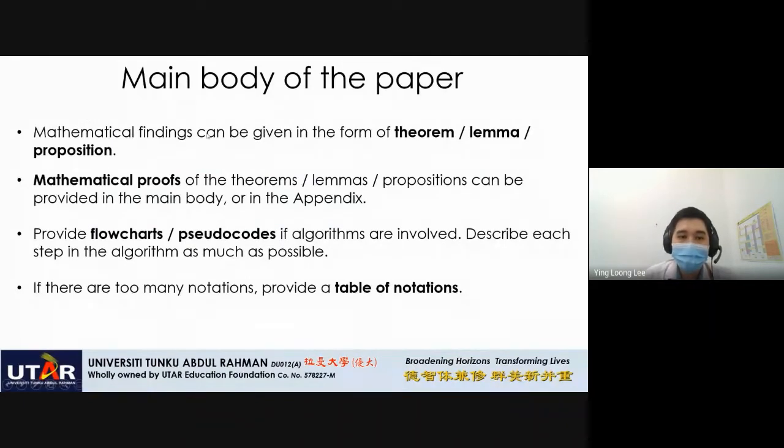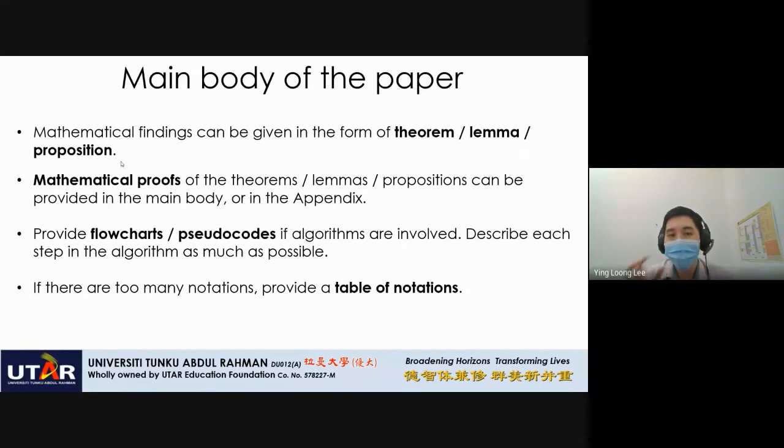If you are doing analytical work or developing some new theorem, lemma or proposition, you can express them in the structure of a theorem, lemma, and proposition. If you notice in IEEE papers, they sometimes write out Theorem 1, make the statement, and then provide a proof.